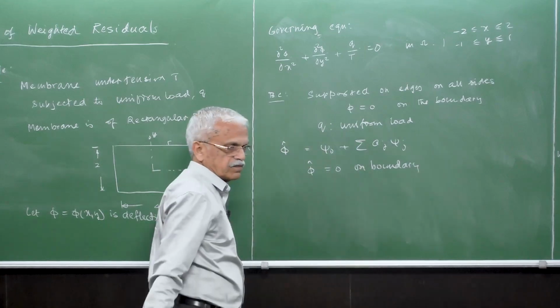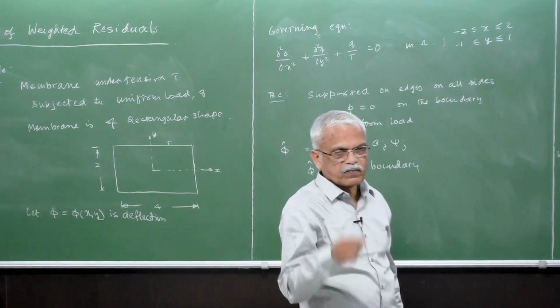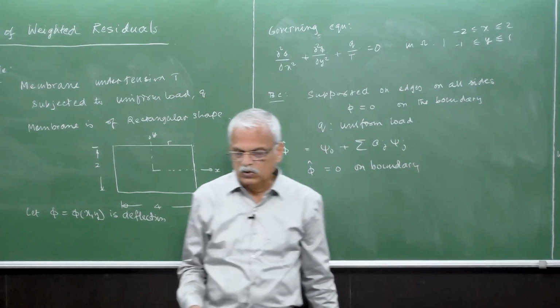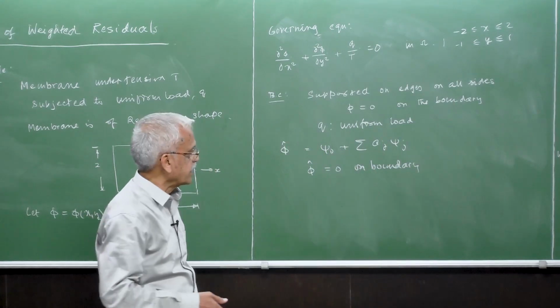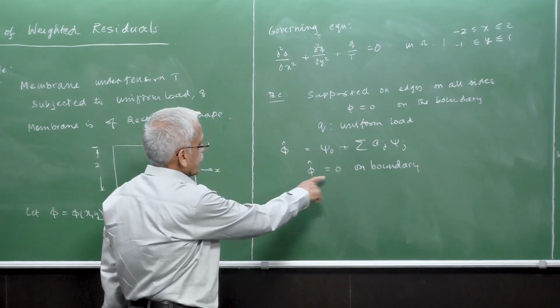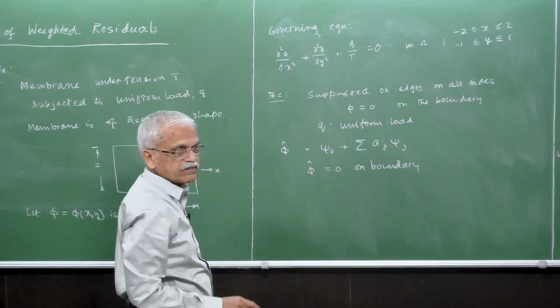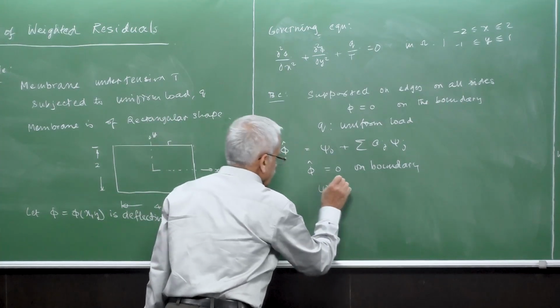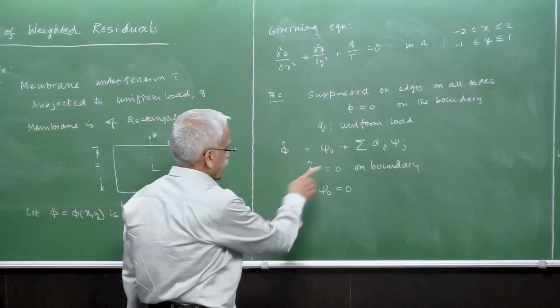In fact, we put it as m phi plus g is equal to 0, which is most general. It may also have a derivative boundary condition. So here in this simple case, if phi hat has to be 0, then we can say very clearly that psi naught has to be 0, right, for all values.